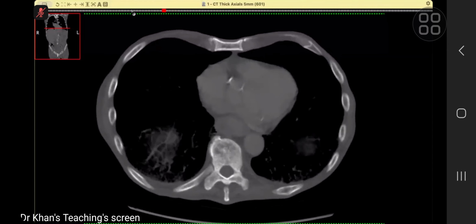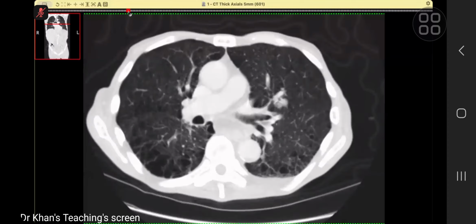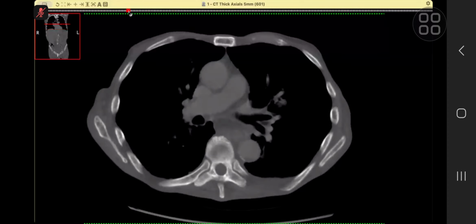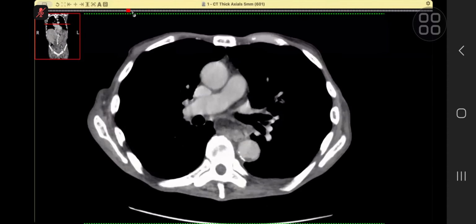Okay, anything else in the abdomen? I'll just go through it once again.